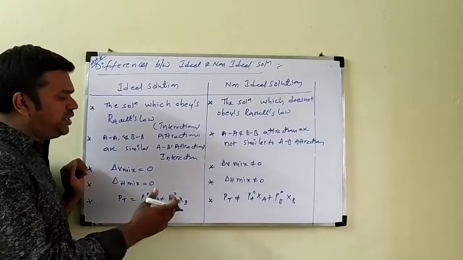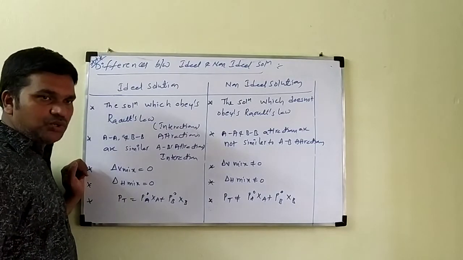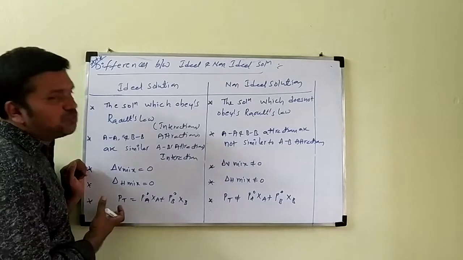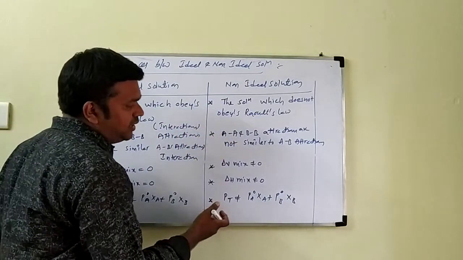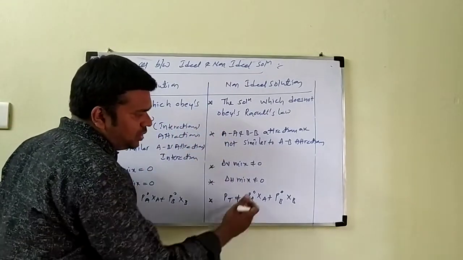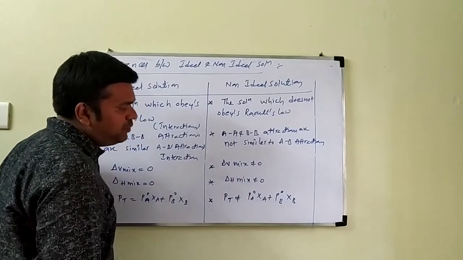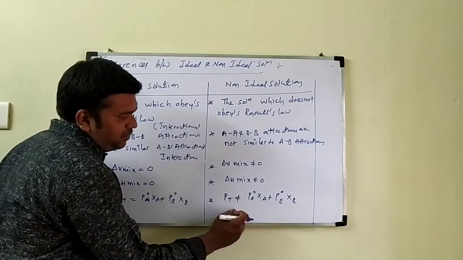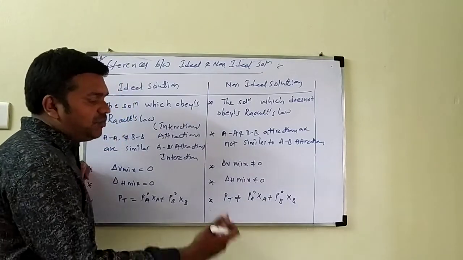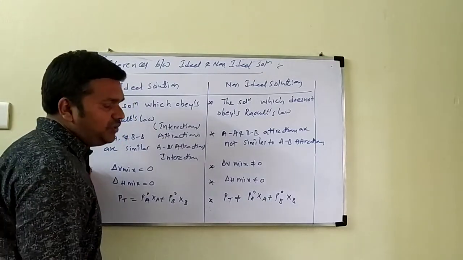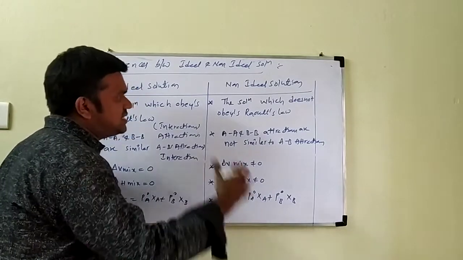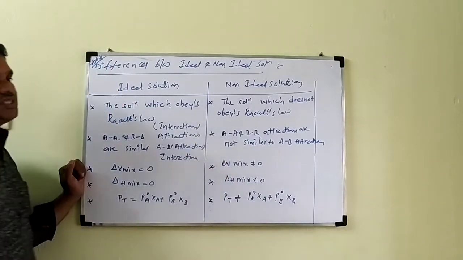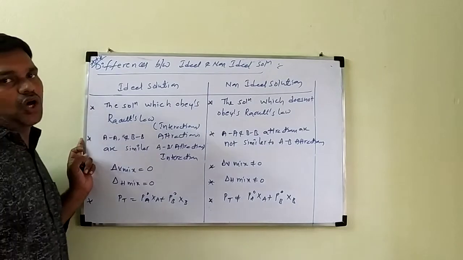PA is equal to PA naught XA and PB is equal to PB naught XB. That is equal to P total. But in this case, P total is not equal to PA naught XA plus PB naught XB. Means PA can be less than PA naught XA or greater than PA naught XA, we can observe. So this is the main difference between ideal and non-ideal solution.